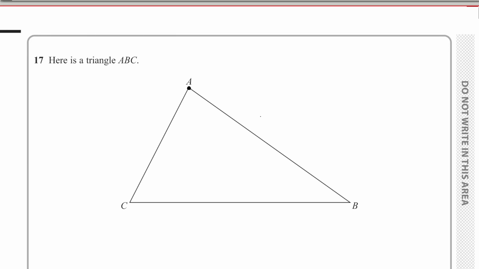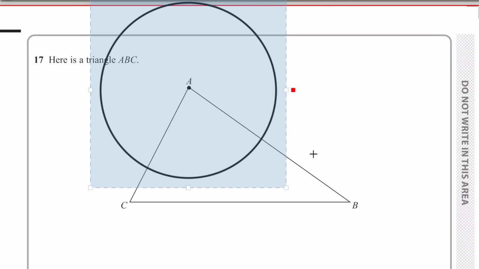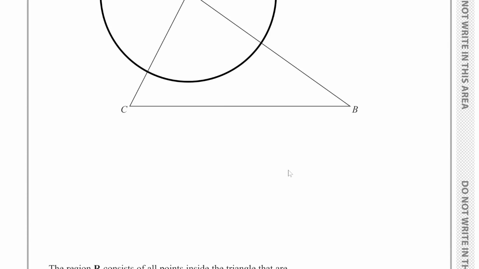The center at A, all the points inside the circle will be less than 4 centimeters from A. So let's draw on our circle. So somewhere around there. So it's a circle with a radius of 4 centimeters. Make sure you use your ruler to measure 4 centimeters and draw the circle. So that's all the points within the circle are less than 4 centimeters from A.